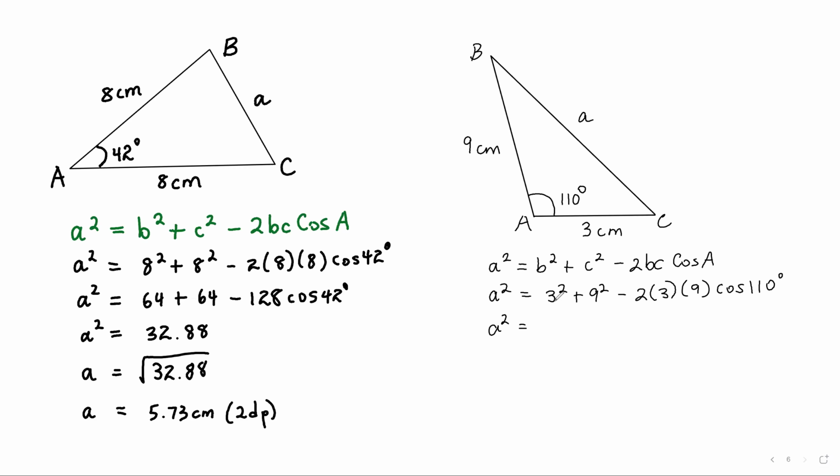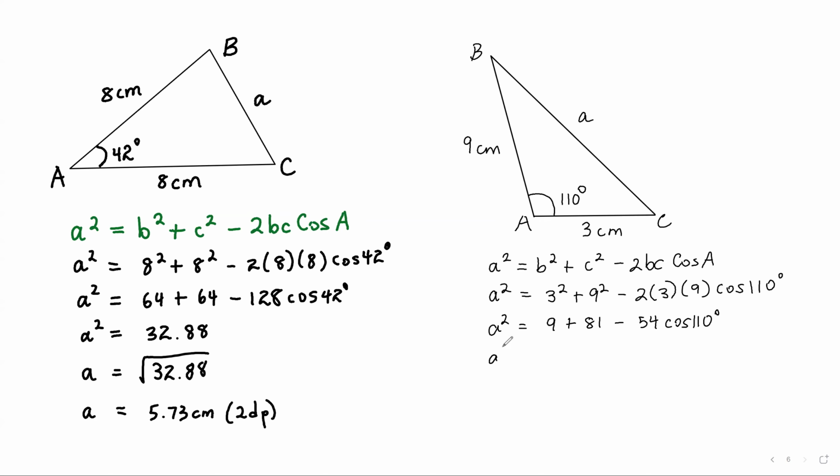So A squared is equal to 3 squared, that's 9, plus 81, minus 2 times 3 times 9, which is 54. So minus 54 cos of 110 degrees.